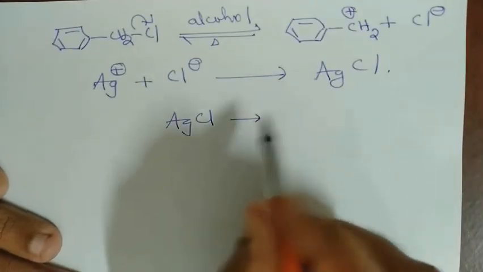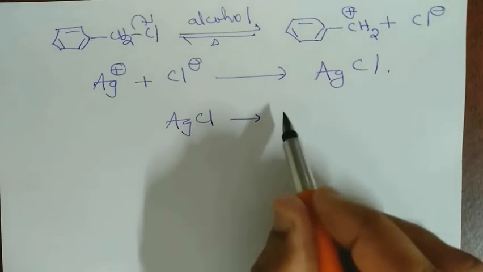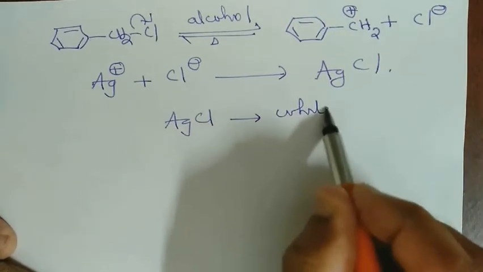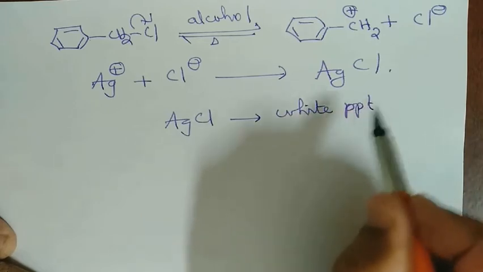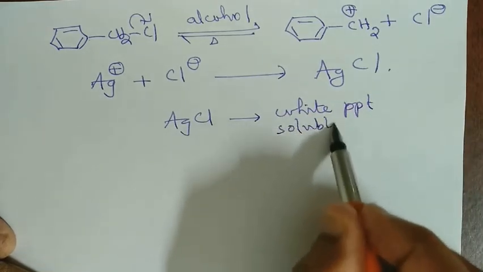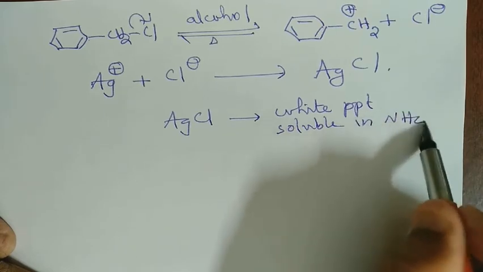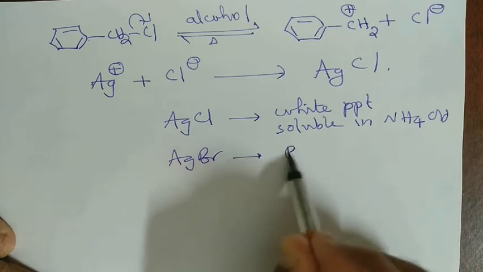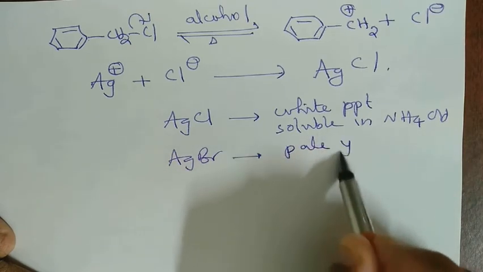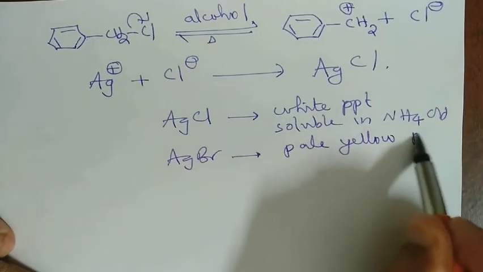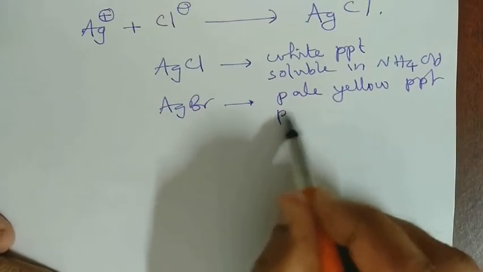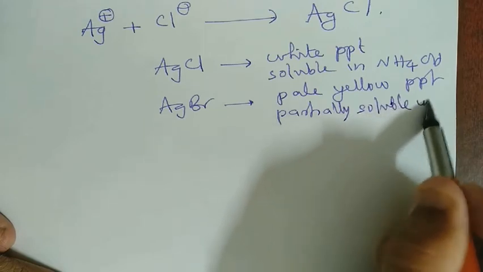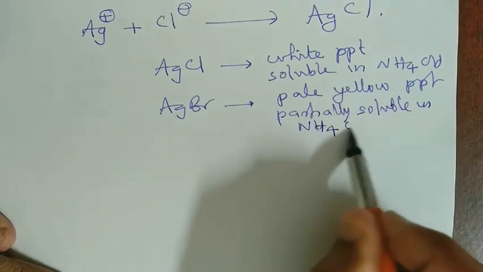Silver chloride is a curdy white precipitate soluble in ammonium hydroxide. Silver bromide is a pale yellow precipitate partially soluble in ammonium hydroxide.